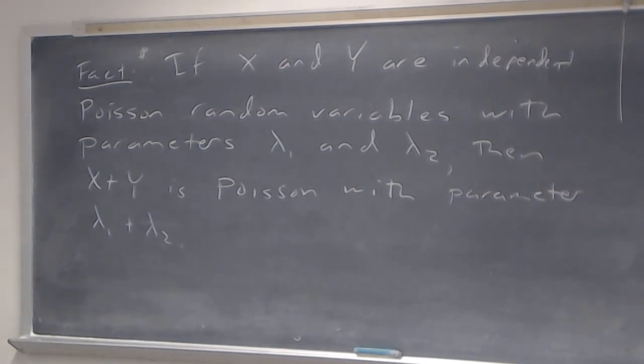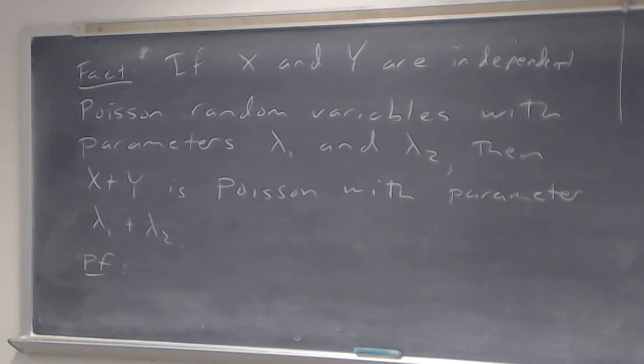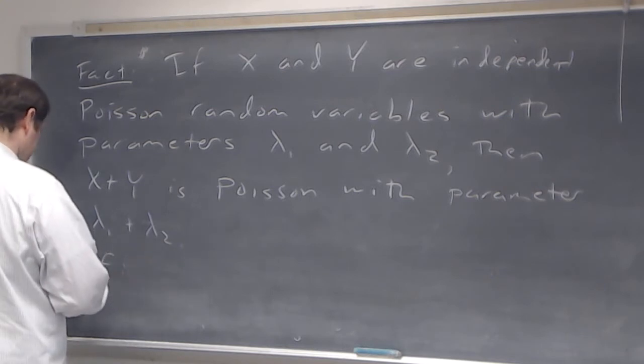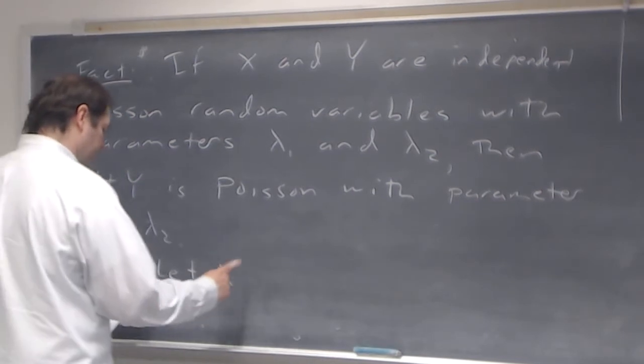Now, one thing I want to tell you is that we had a result about the PDF of x plus y when we had independent continuous random variables. But Poisson random variables are discrete, so they don't fit that case. So what I'm going to do is start off by assuming the conditions.